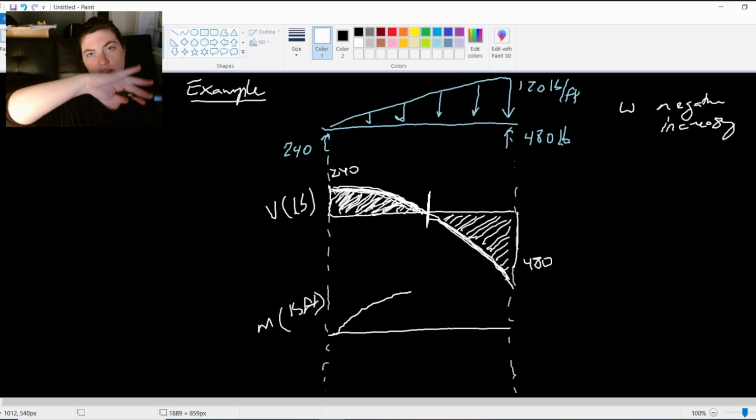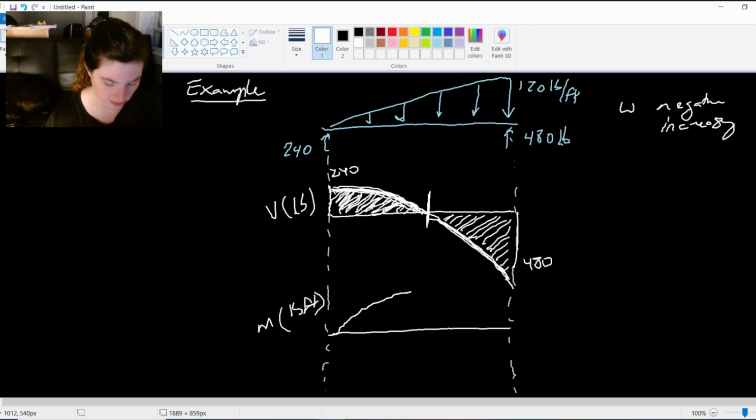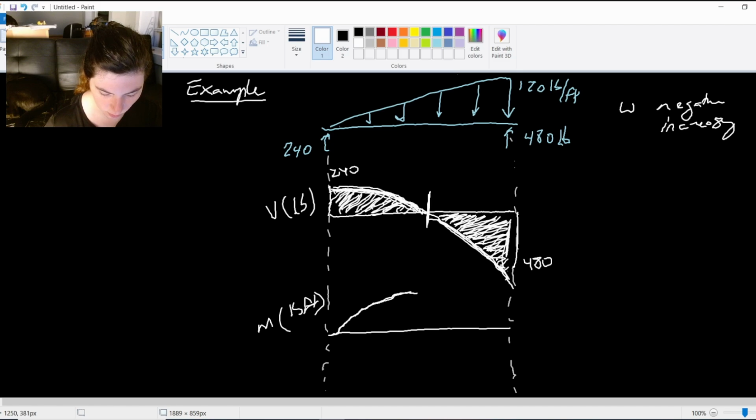It starts out with a steeper slope and then levels out, decreasing until we hit that maximum point where the shear crosses 0. And then we see that our shear changes and now it's negative. It's negative and getting more and more negative, so it's that slow negative and it drops back down along this cubic.